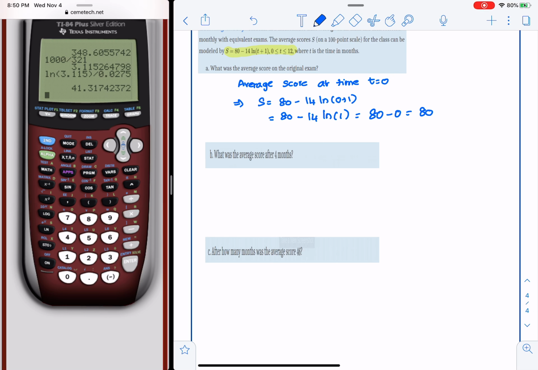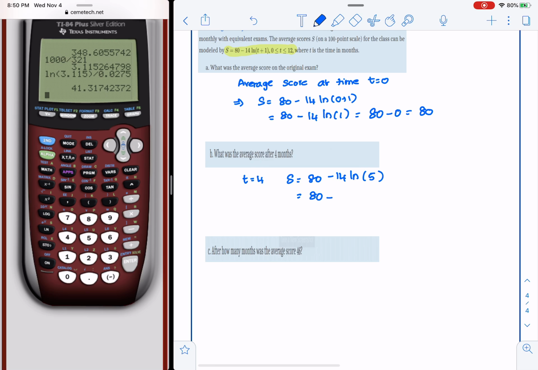We would like to know what happens after 4 months. In other words, when t equals 4, we need to know what the score would be. So s would equal 80 minus 14 ln of 4 plus 1, which is 5.